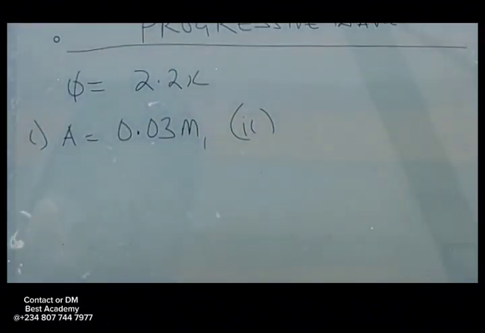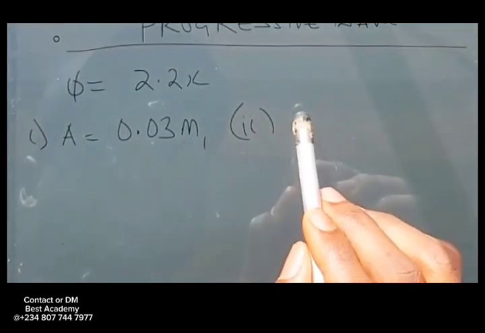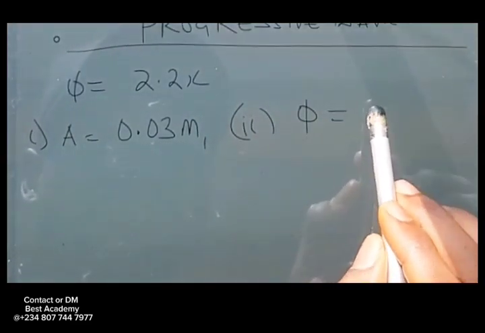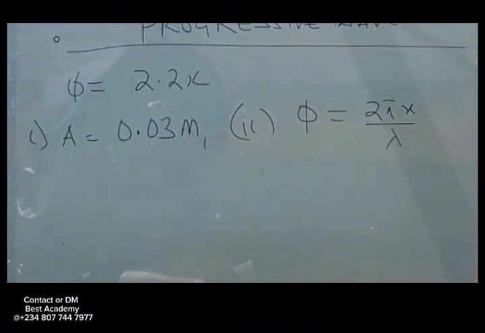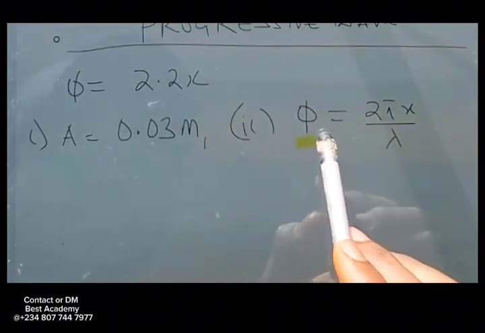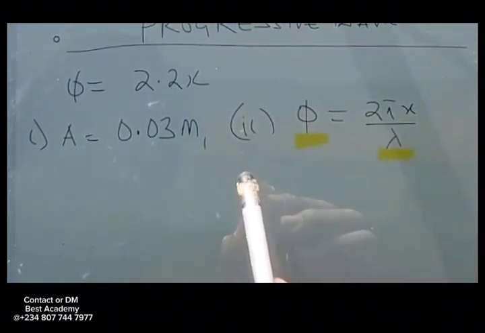Now let's find the wavelength. To calculate wavelength, remember our phi is given to us as 2 pi s over lambda. The only term relating with wavelength in that progressive wave equation is the phase angle, which is this one here. Please take note.